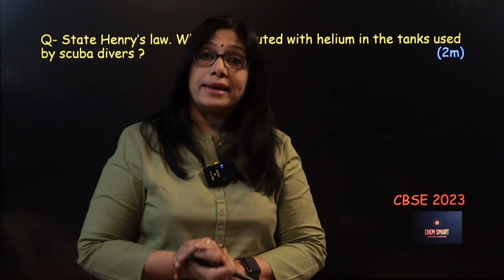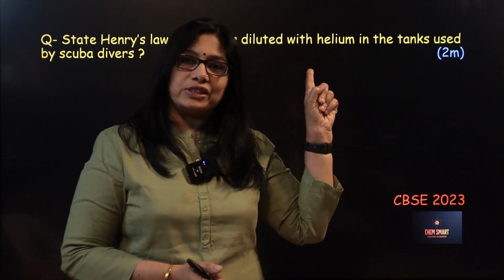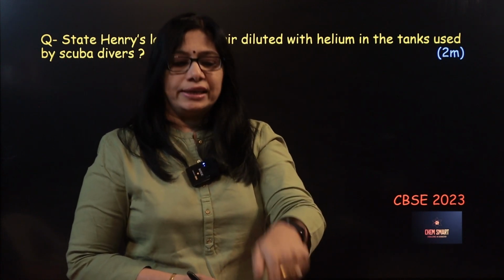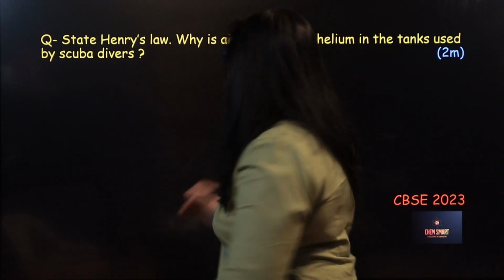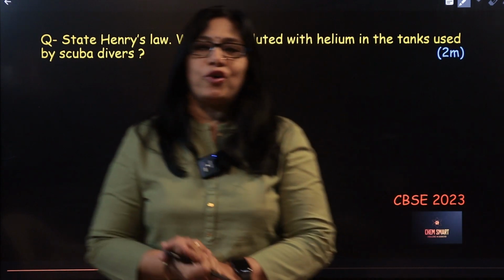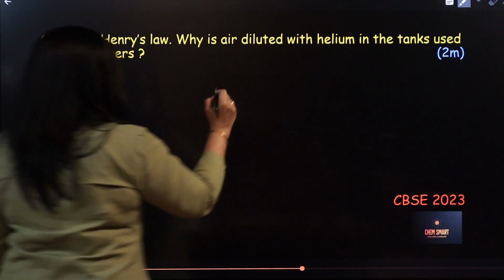So we can also say that the pressure of the gas in the vapor phase or gas phase is directly proportional to its mole fraction in the solution. So we can say its mathematical form; it is better to include the mathematical form also if you aim for centum. And what is the mathematical form?